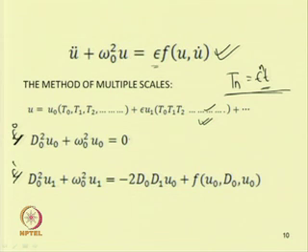So, now the solution of this equation can be written in the form of A e to the power i omega 0 t plus A bar e to the power minus i omega 0 t, and substituting that in this equation and separating the terms, by killing the secular terms, one can get a set of reduced equations.